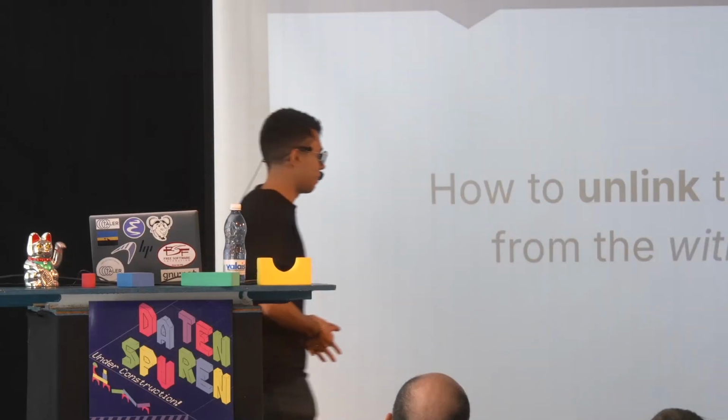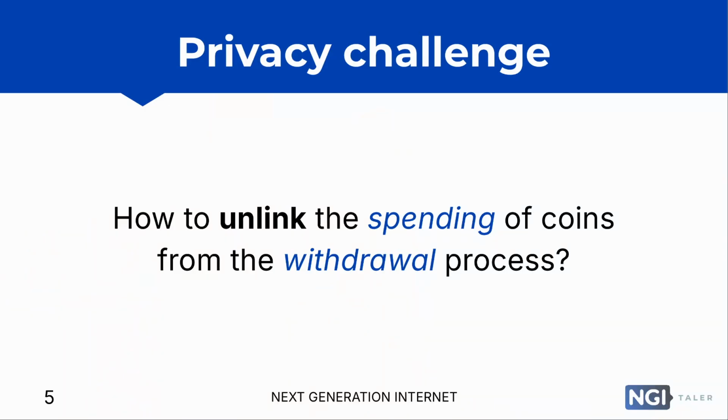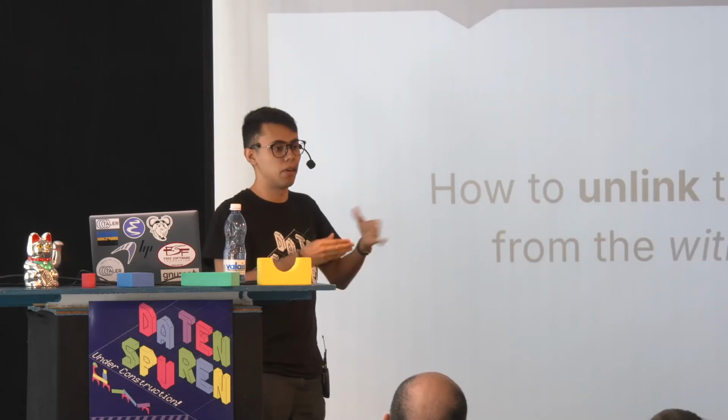But there's a privacy challenge here when it comes to all this signing. How to unlink the spending of coins from the withdrawal process? As in, when we spend the coins at the merchant, the exchange should not be able to know who withdrew them originally. So, as I said, the purchase has to be unlinkable to me.